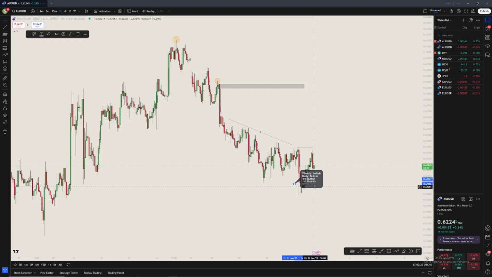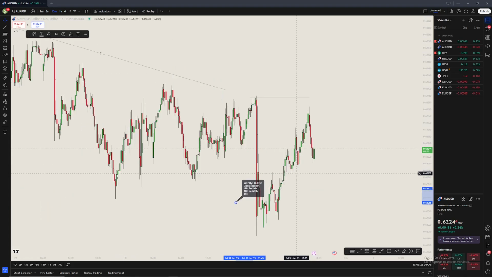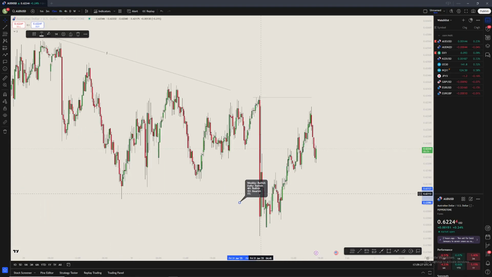And on a 15, we're in range. We are leaning bullish. Now let me explain why.